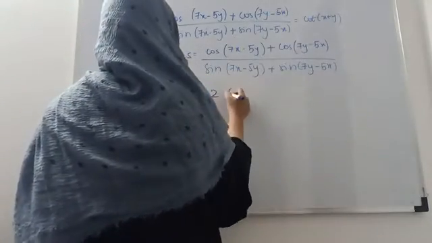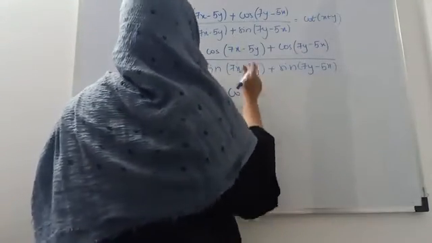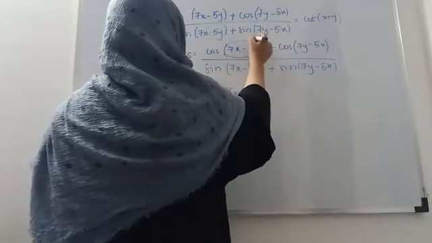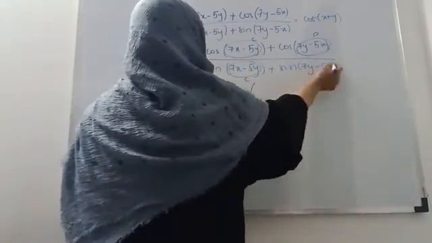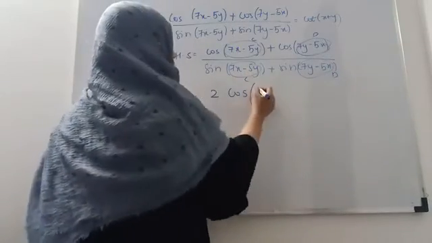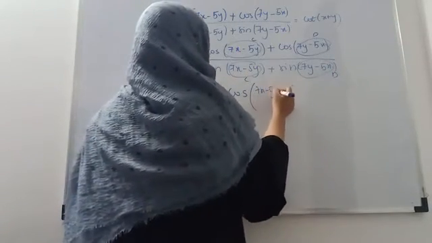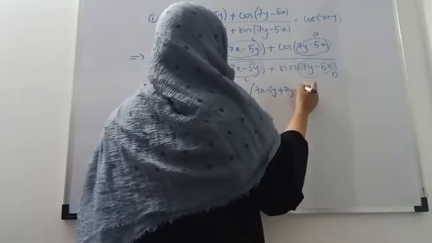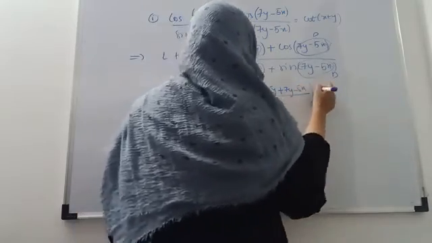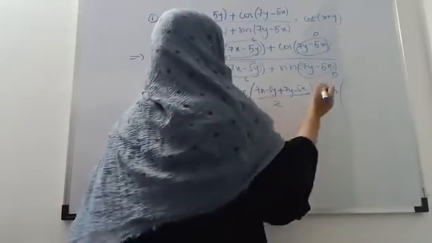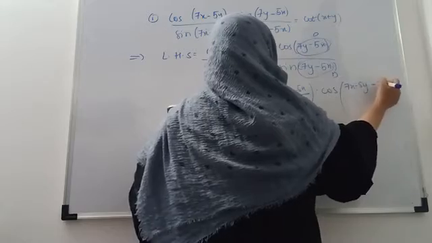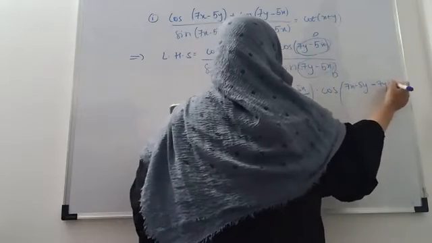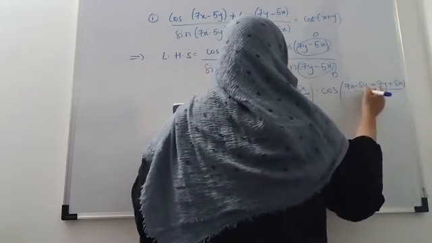Here this is your C and this is your D. So C + D means (7x − 5y + 7y − 5x)/2, into cos((C − D)/2), which is 7x − 5y − 7y, and multiplying with the minus sign, plus 5x, upon 2.